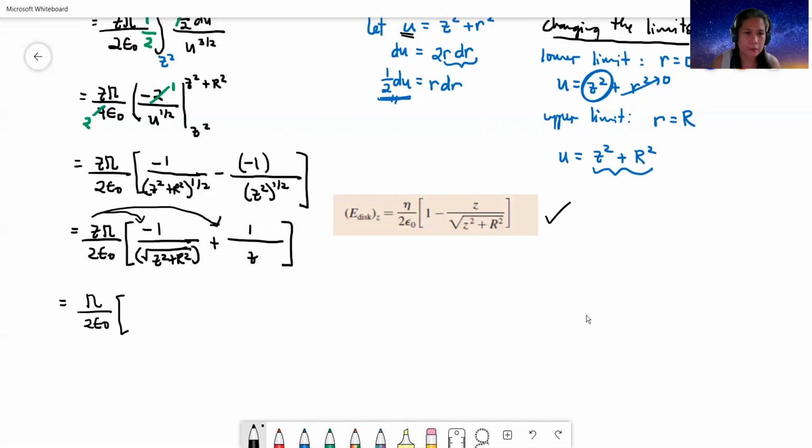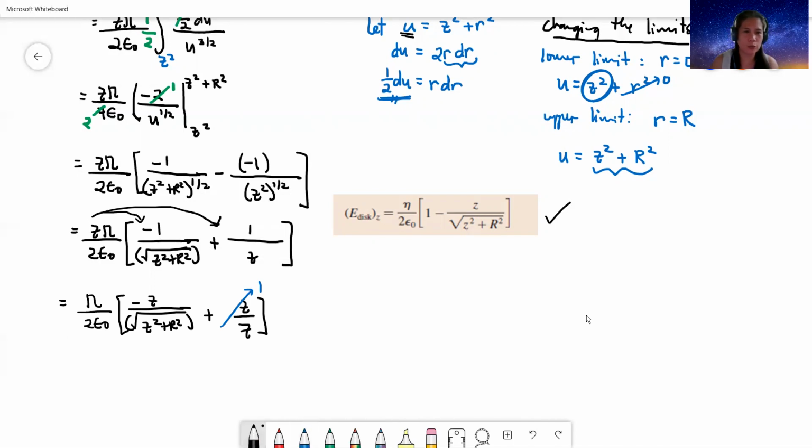And then we have -z over square root of z squared plus r squared plus z over z, which is of course just equal to 1. So in the final answer, 1 was just written first.